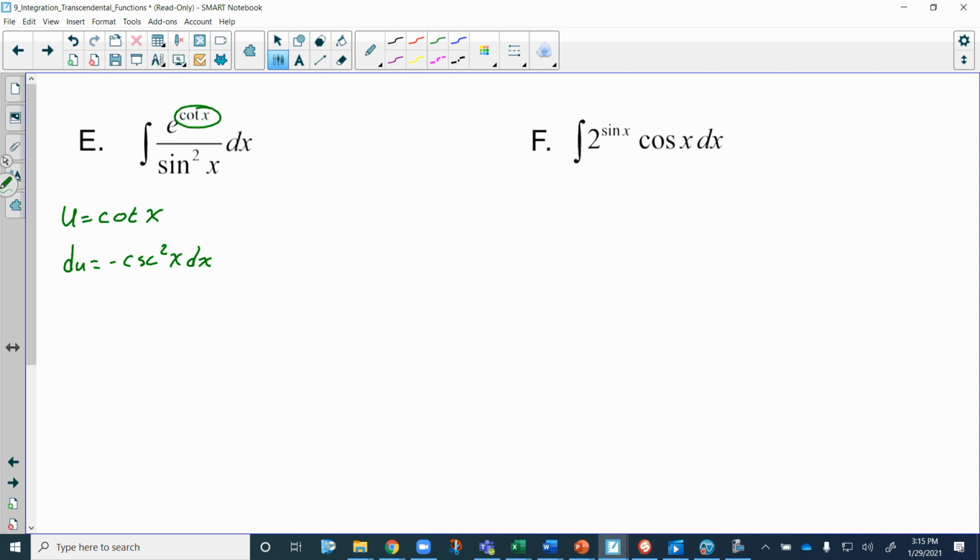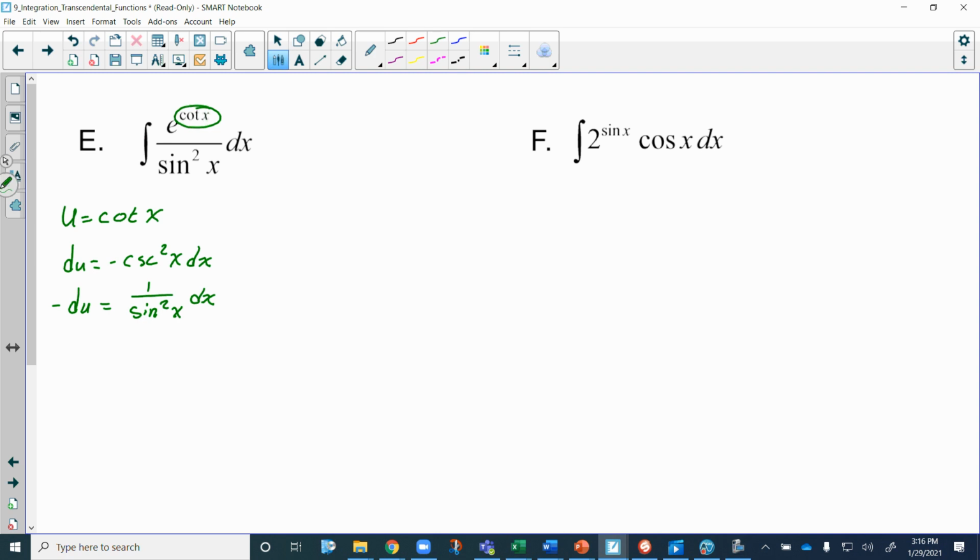So this is where we want to utilize that relationship that we understand. Well, cosecant is going to be the reciprocal of sine. So I can pull out the negative that's on the cosecant and make this negative du to be equal to 1 over sine squared of x dx.